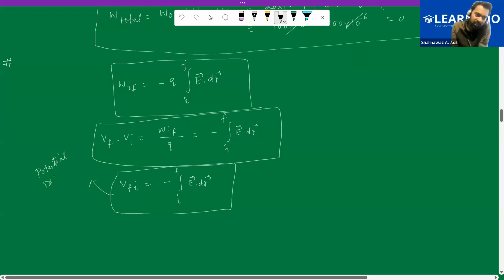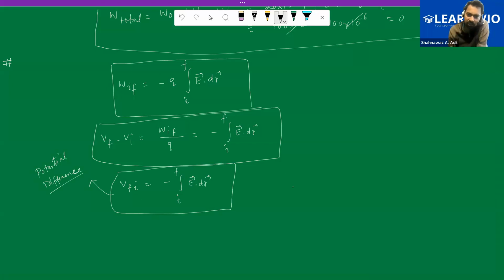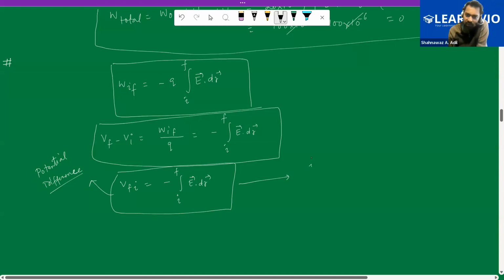Now, if I replace this initial point with infinity, right? Then that potential difference would be the electric potential.